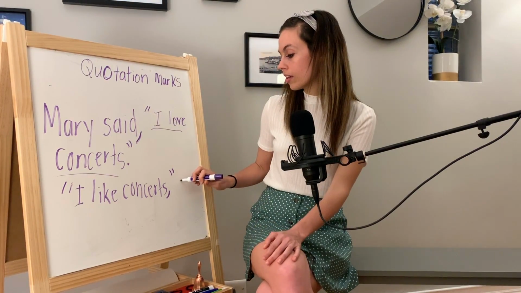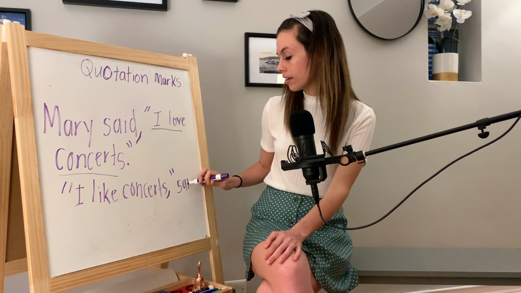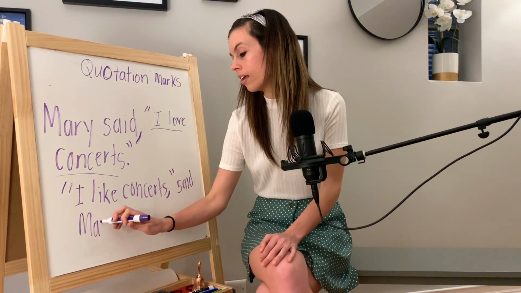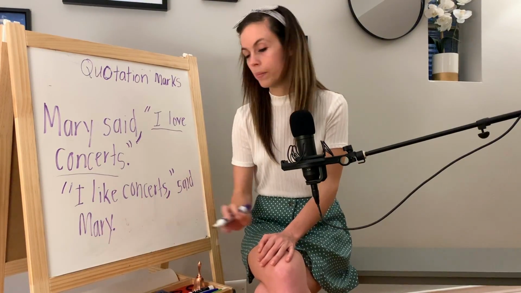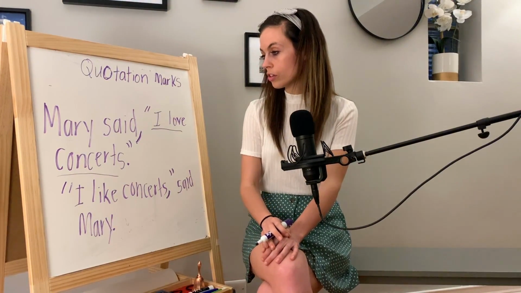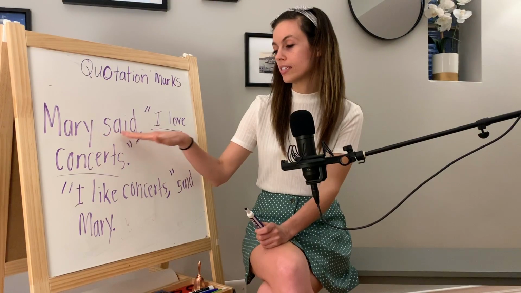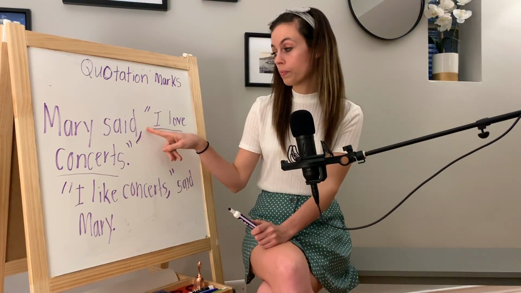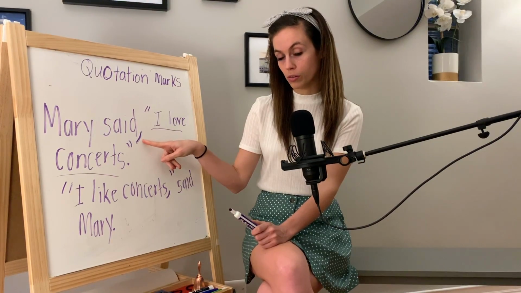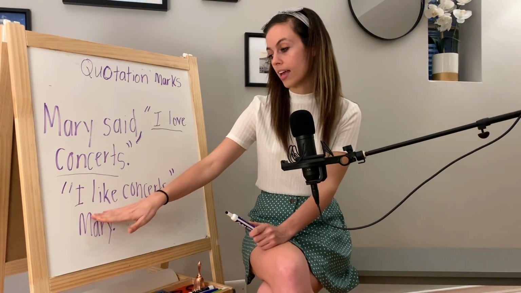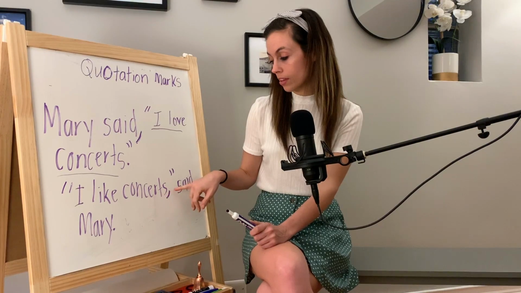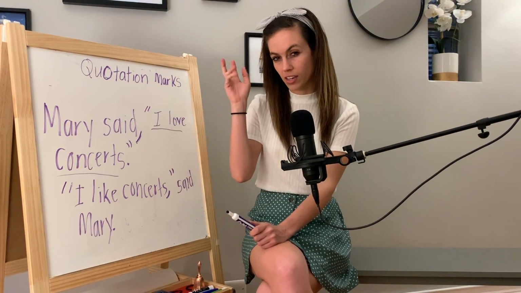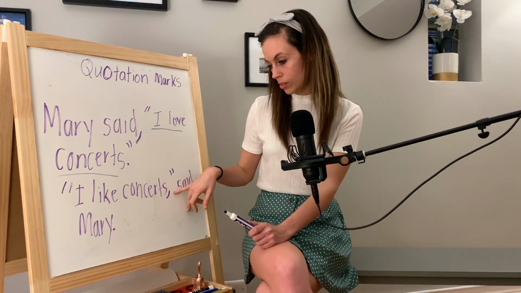Okay, so then you would say said Mary. Okay, so if it says Mary said I love concerts, the comma goes before the quotation mark. If it says I like concerts, the comma needs to go before the quotation mark. It's going to go inside the quotation mark.